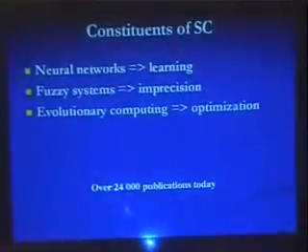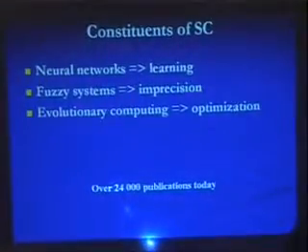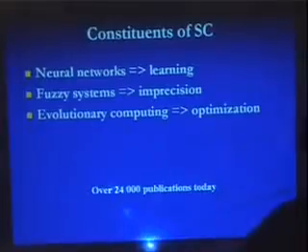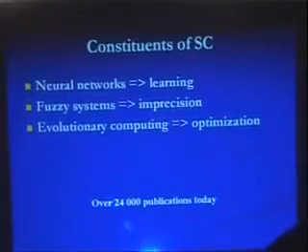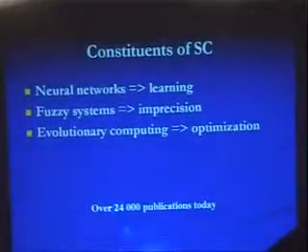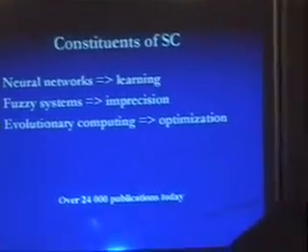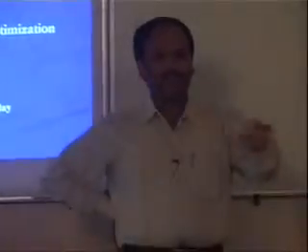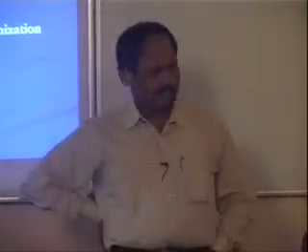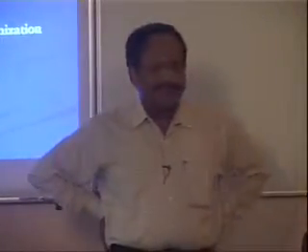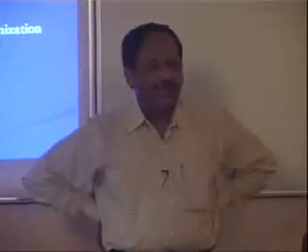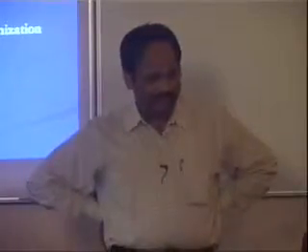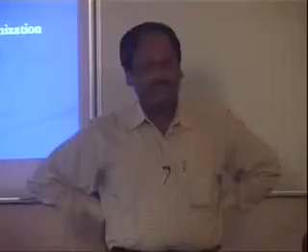Now, coming to neural network. Suppose a child is 2 years old and is just starting to talk, right? And he is looking at a cow. What will be his immediate reaction?